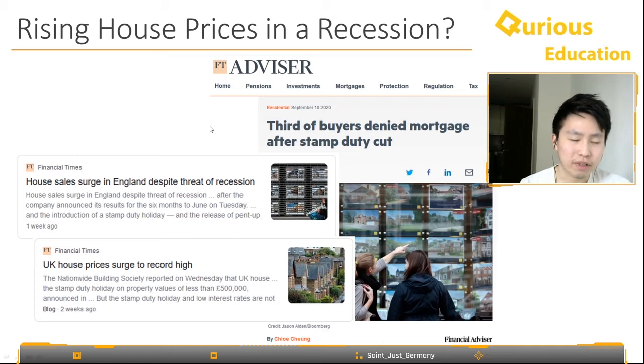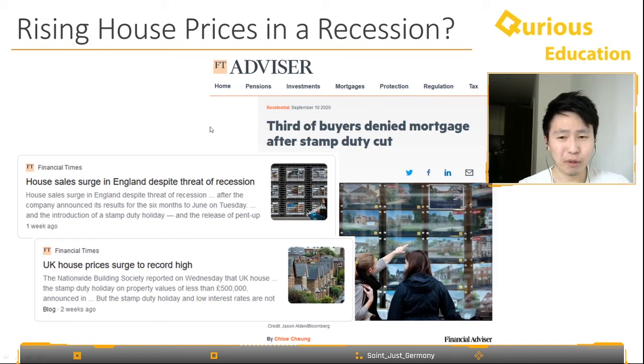So here is an anomaly, kind of an anomaly for you, but as we've discussed previously, the government has cut the taxes we need to pay when we buy a property. Because of that cut, it's stimulating the housing market.